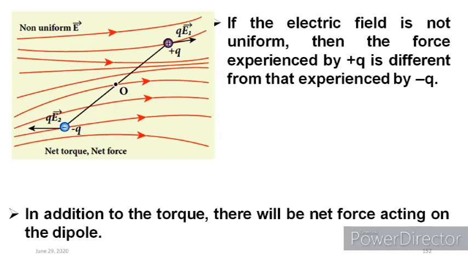When these water molecules are subjected to the electric field, the field produces torque on the water molecules. Because of this torque, each molecule rotates very fast and produces thermal energy. This thermal energy is used to heat the food material.